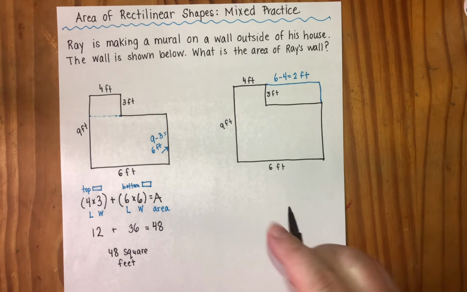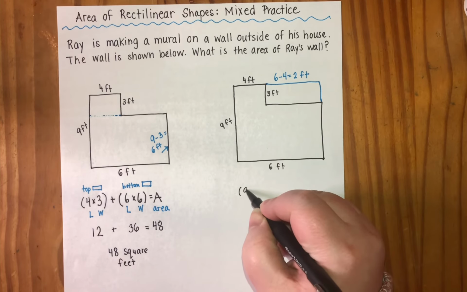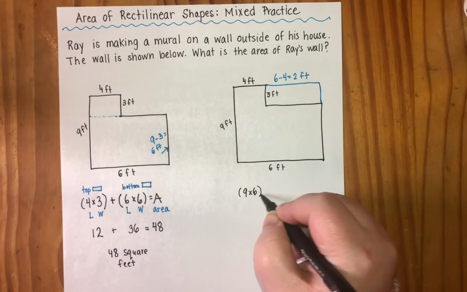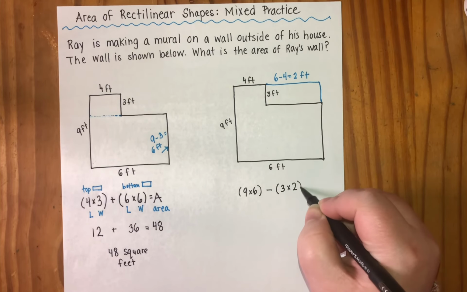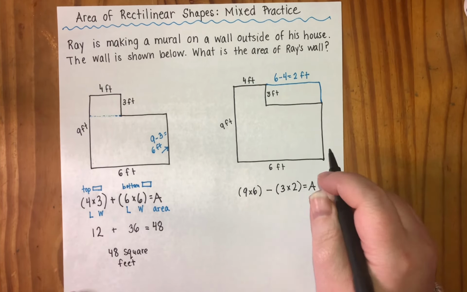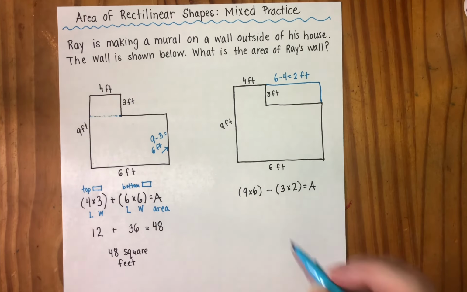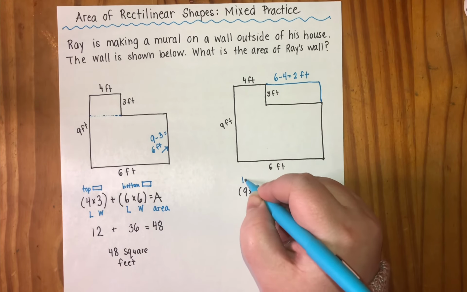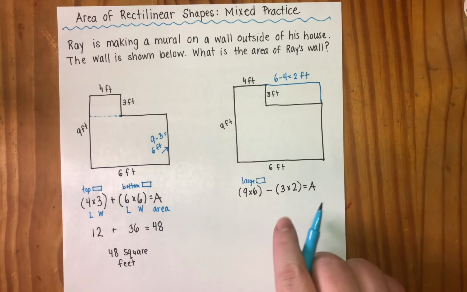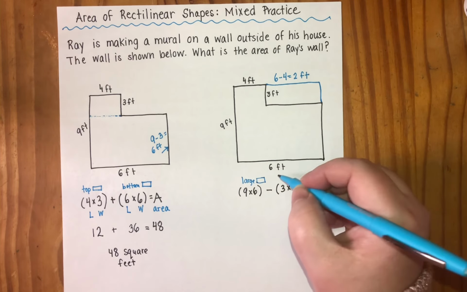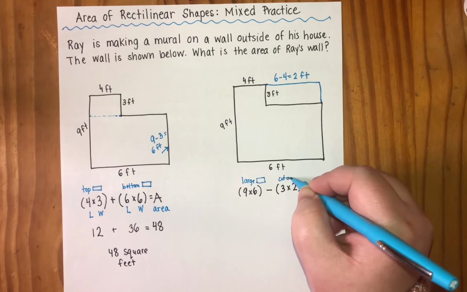Right. We can write 9 times 6 minus 3 times 2 equals A, where 9 times 6 represents the large rectangle and 3 times 2 represents the cutout rectangle.